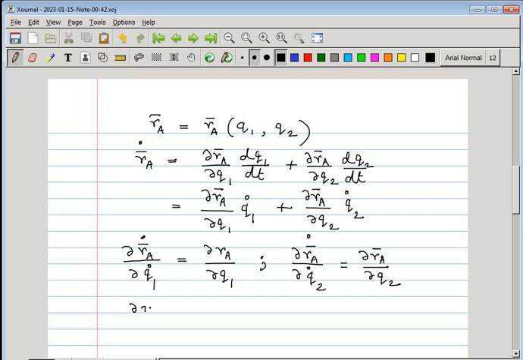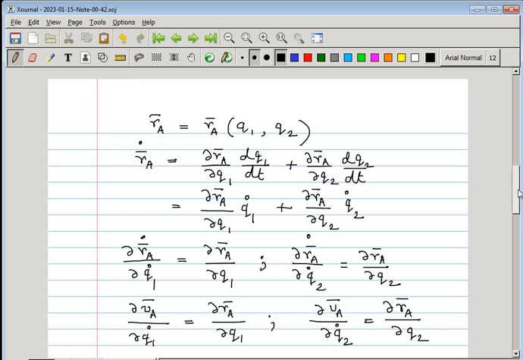Or this is same as saying that del VA del Q1 dot is equal to del RA del Q1, and del VA del Q2 dot is equal to del RA del Q2.